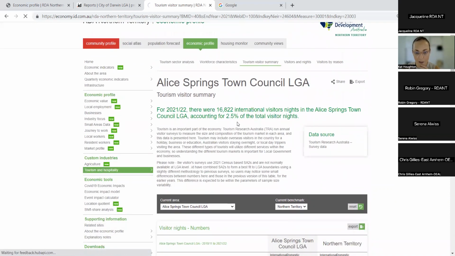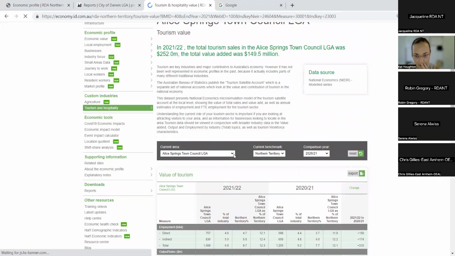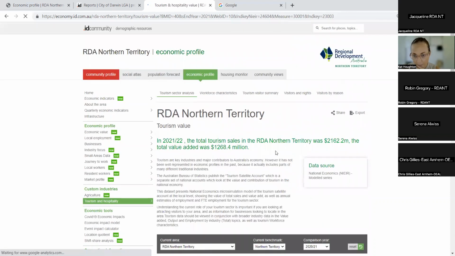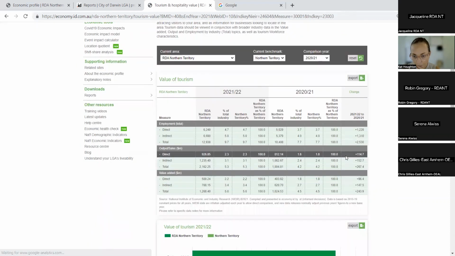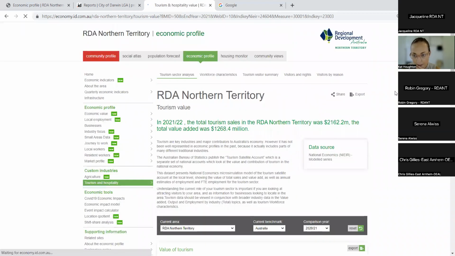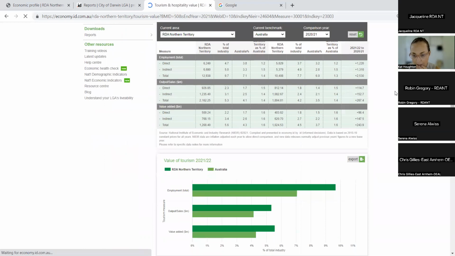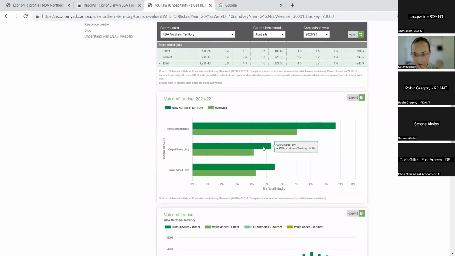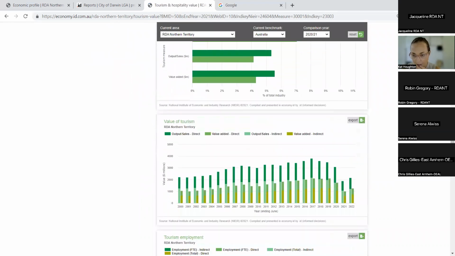Let me have a look at that. I just want to have a look what it's looking like for the NT. Just going to compare that to Australia. So let's see what's happening here, because we're seeing lots of change at the moment. So compared to Australia, you can see that the Northern Territory is very much a tourist destination in its own right.